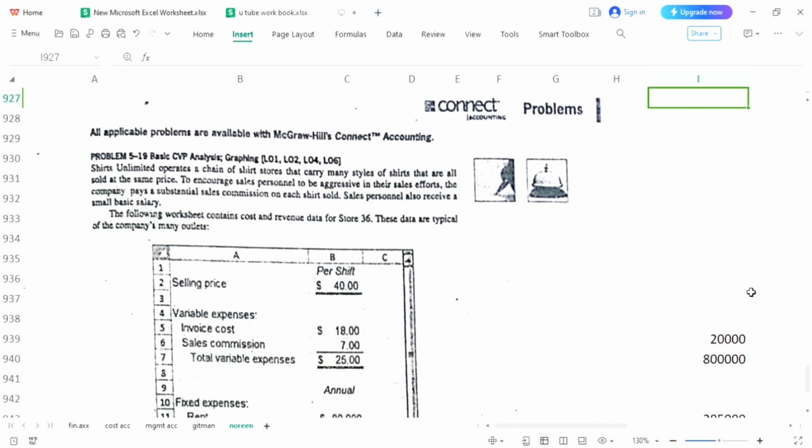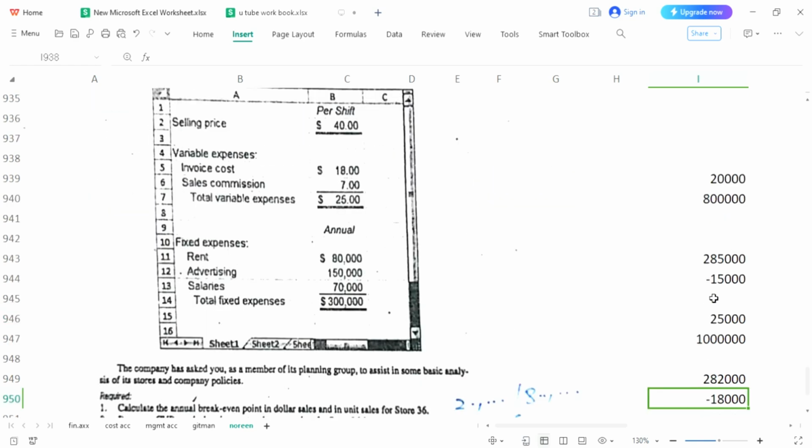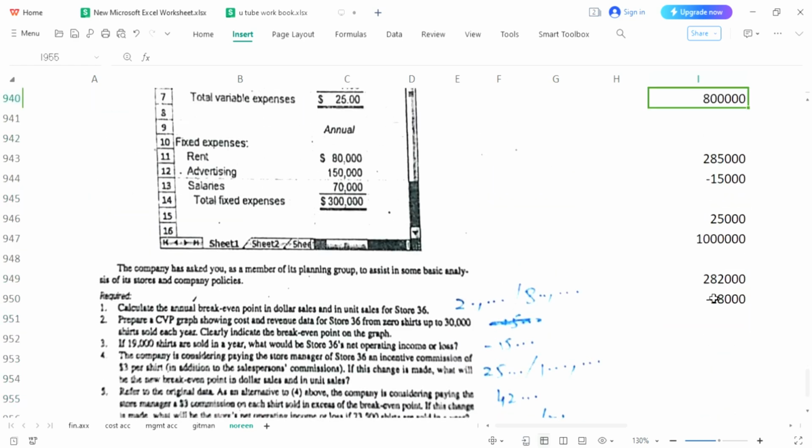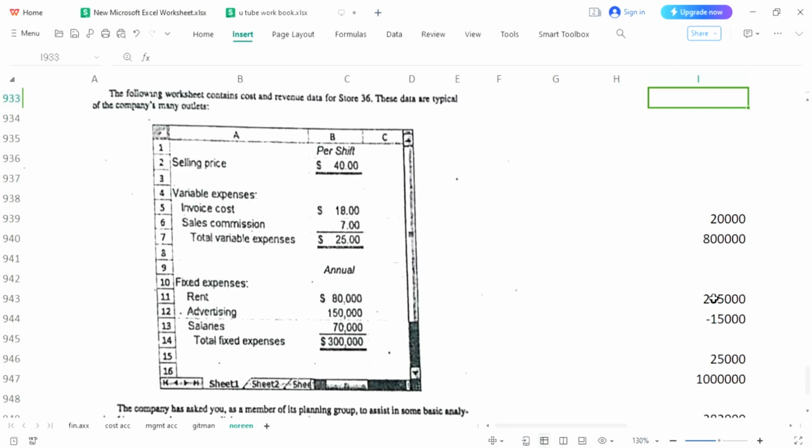So our chapter is cost volume profit analysis, and we have solved around 18 questions to become familiar with the format, proforma and statements. As the first part shows, we have been given per unit selling price, per unit variable cost, this invoice cost and sale commission. Adding both, we get total variable cost per unit.